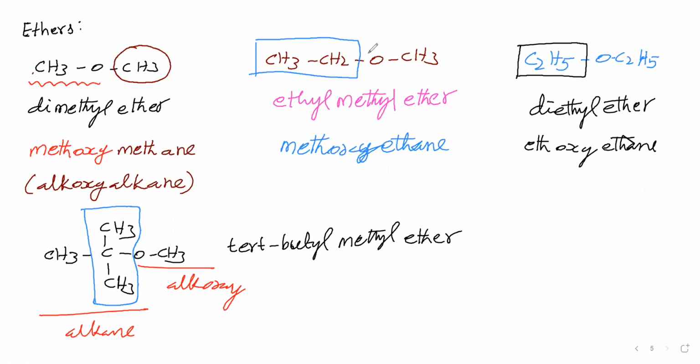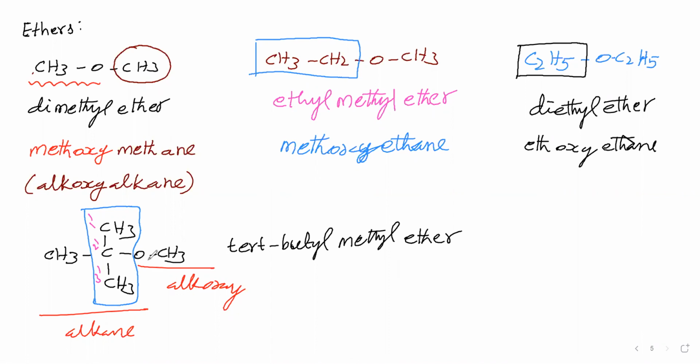Then, in the parent, we give the numbering 1, 2, 3. Now, first we have to say the name of this alkoxy part.